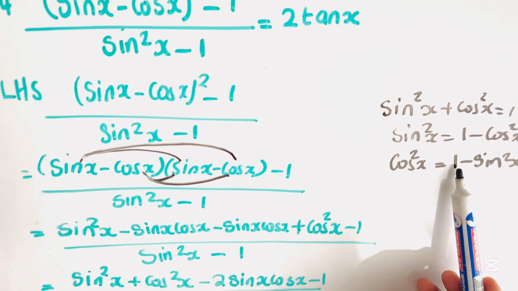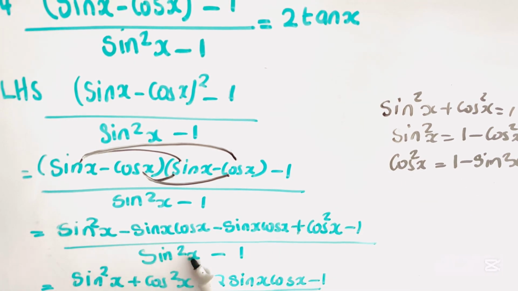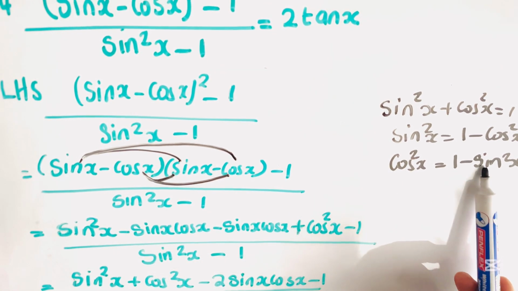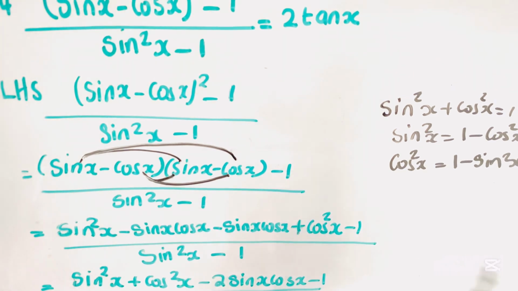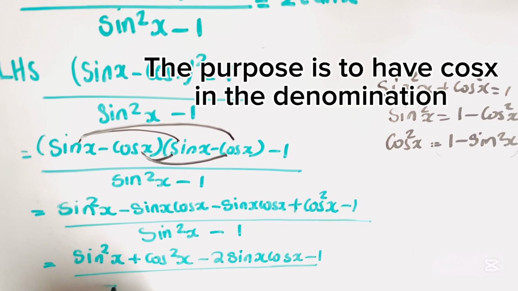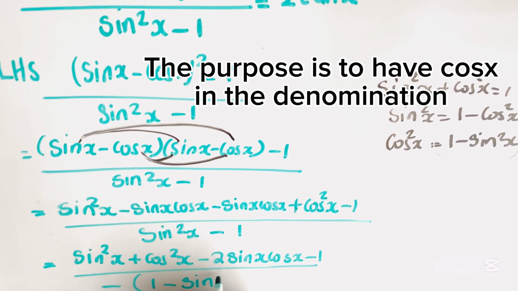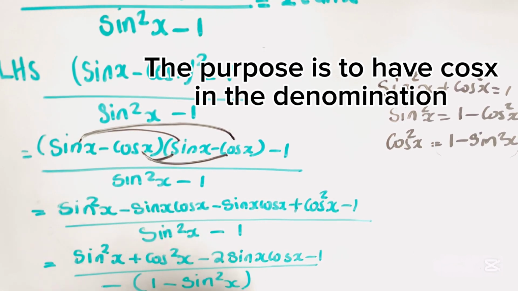We have sine squared x minus 1 is similar to 1 minus sine squared x. So we have to write this in the form of this. It means you have to take out the negative as a common factor. Well, negative into, we said cos squared x is 1 minus sine squared x.